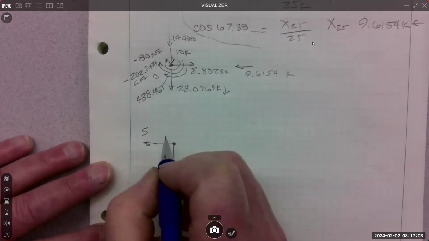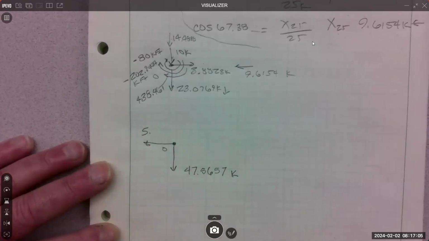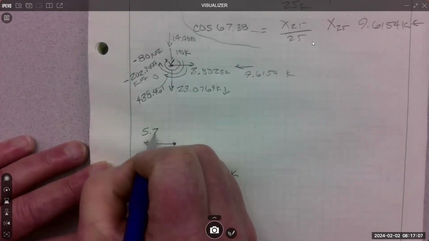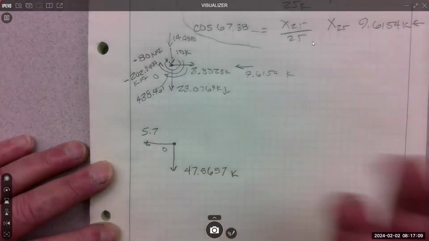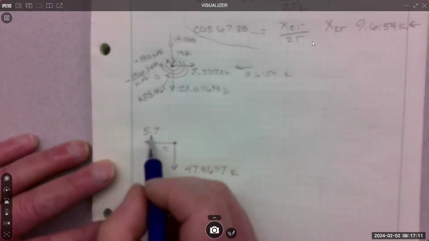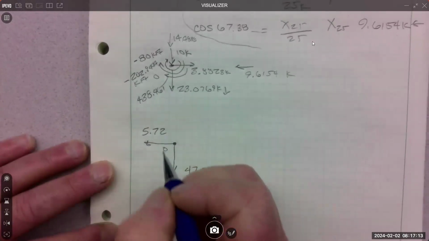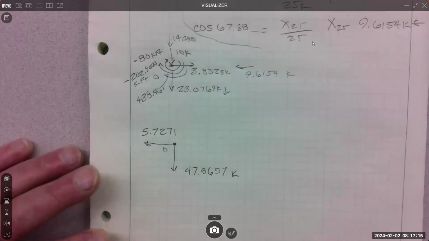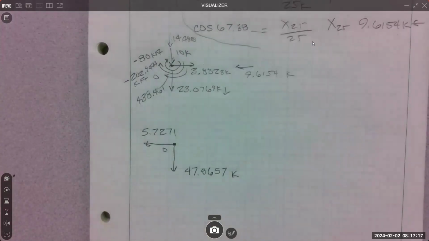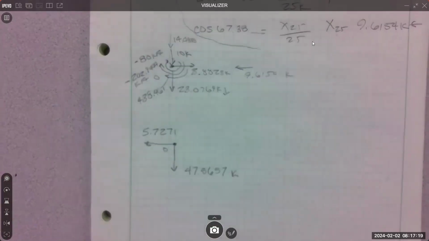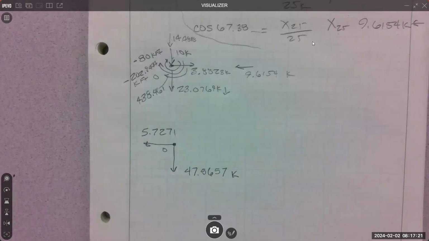That's with negatives and positives. As long as you have your directions. I mean, I do just because that's what you end up doing to get this 5.7271. But at this stage, all I care about is that I have the correct directions. I know I have 5 going left and 47 going down, right?